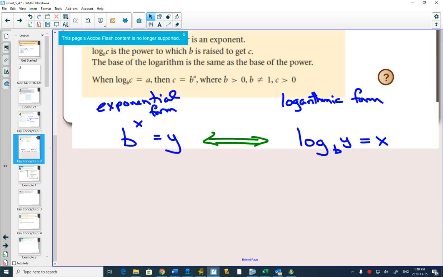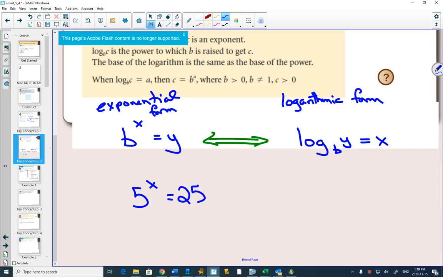So what that allows me to do is sometimes you'll know the answer, okay? 5 to the x equals 25. You can just look at that one and tell me what x is.